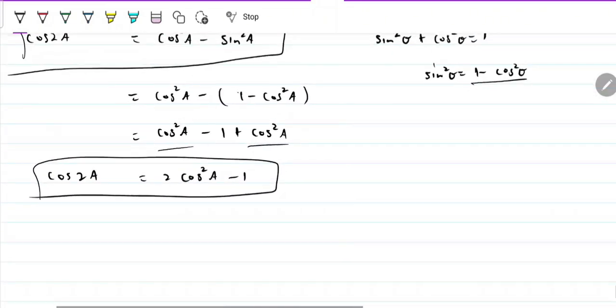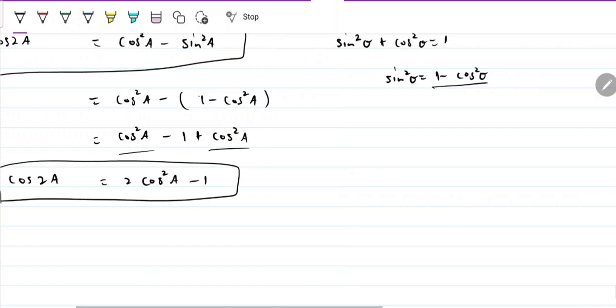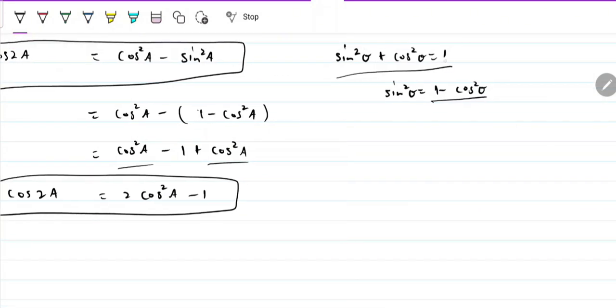Right? What if we wanted one with exclusively sine? Well, we know from this formula that cos squared theta is equal to 1 minus sine squared theta. Right? So you can replace cos squared theta with 1 minus sine squared theta.